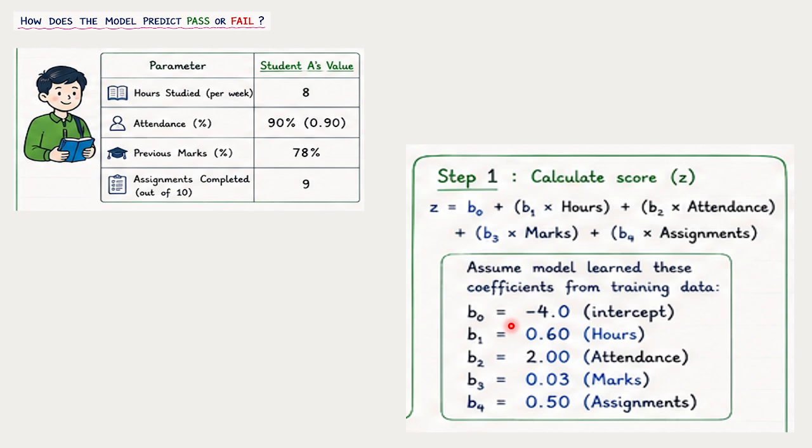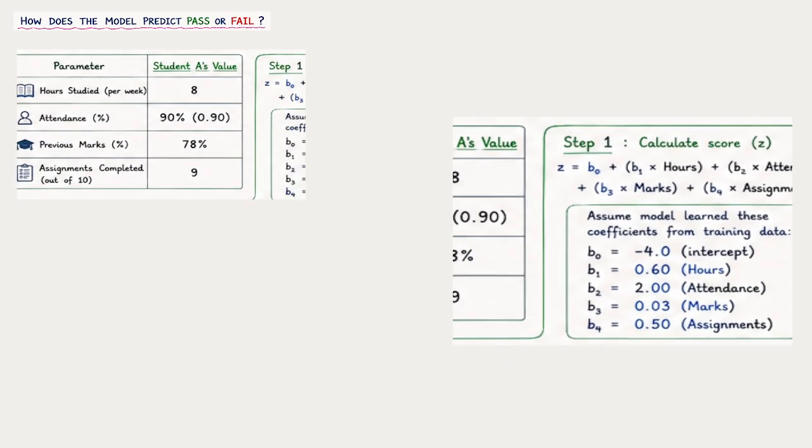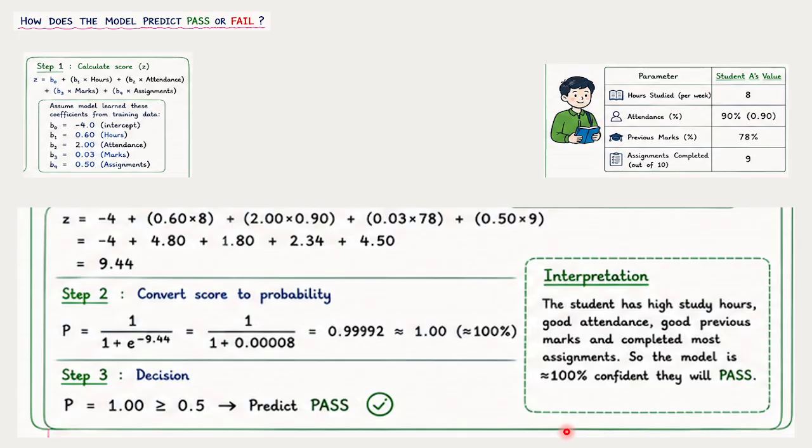For example, b0 is equal to minus 4.0, which is the intercept, then b1 is equal to 0.60, and like that we have all the values. These values are learned by the model from the training data.